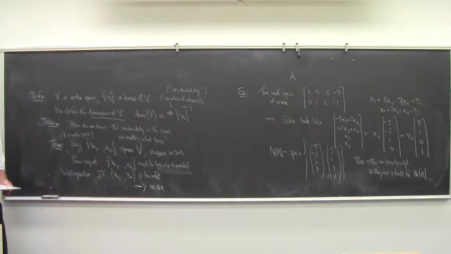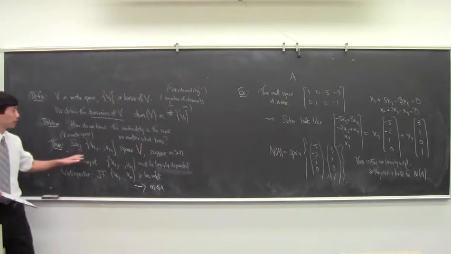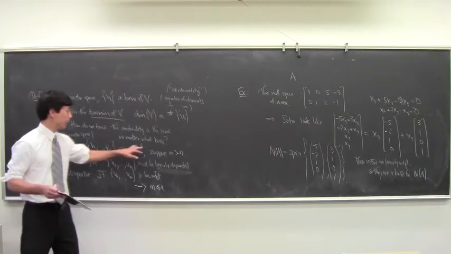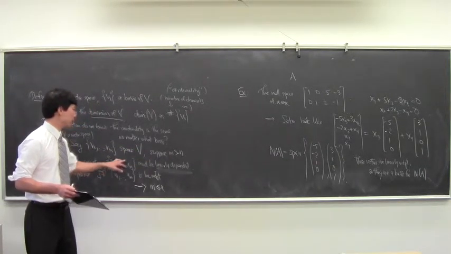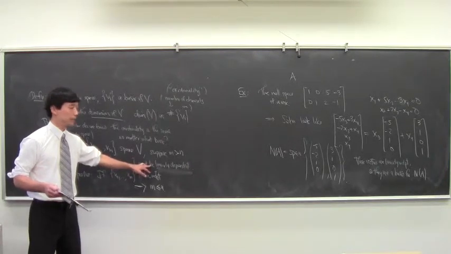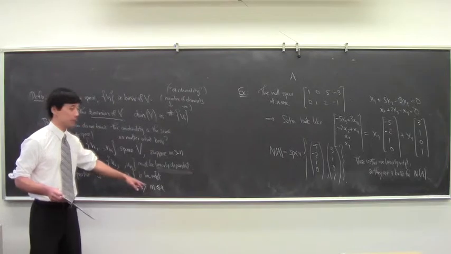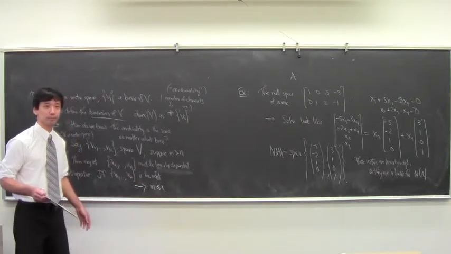Right. Is that clear? Right. If m is bigger than n, then these guys are linearly dependent. If they're linearly independent, then it must be that m is less than or equal to n. Right?